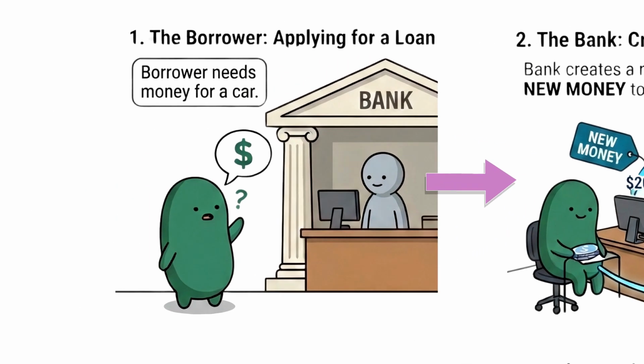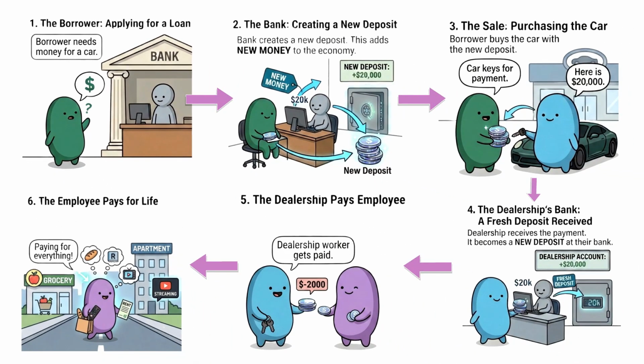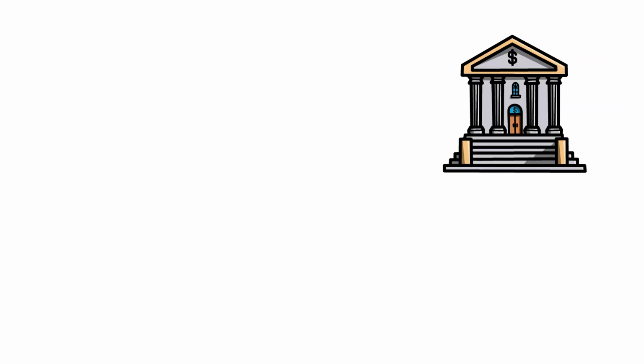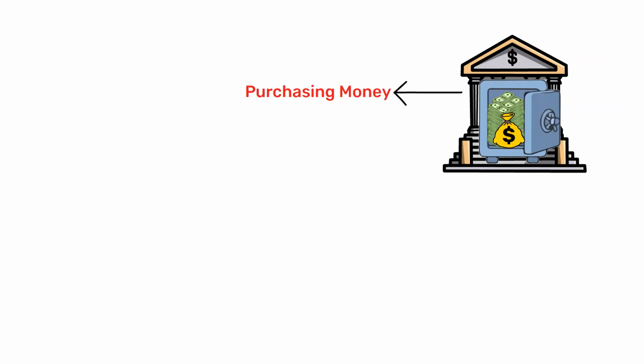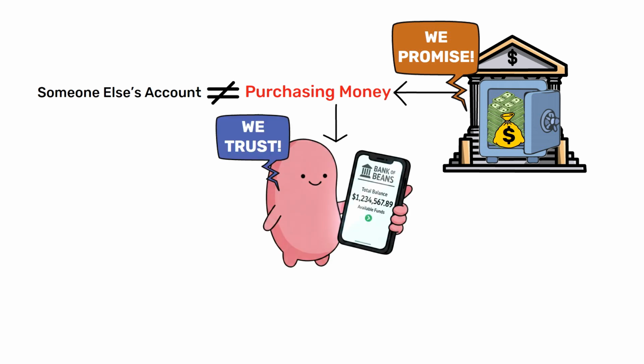One keystroke at the bank becomes a chain reaction of transactions powering dozens of people's lives. None of that economic activity required the bank to reduce its vault of cash. The money used for the purchase didn't come from someone else's account. It came from the bank's willingness to create a promise and the public's willingness to trust it.